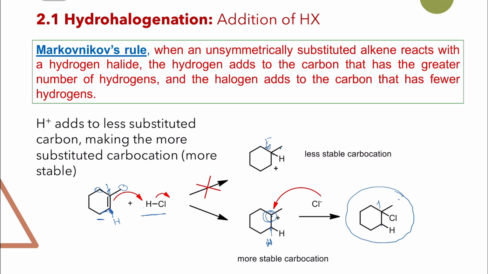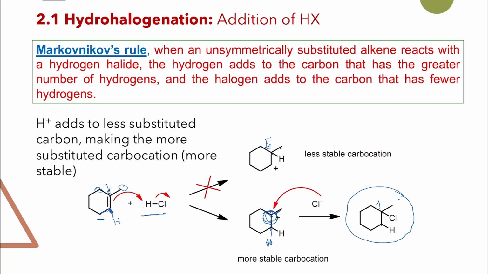This is the Markovnikov rule. This happens because the carbocation that is formed, when it has more substitution, becomes more stable. And when you form a more stable carbocation, it means that it's more easily formed, and then it will react faster.